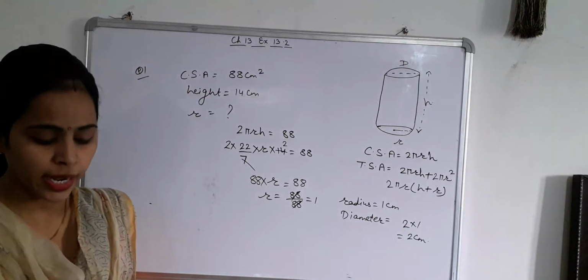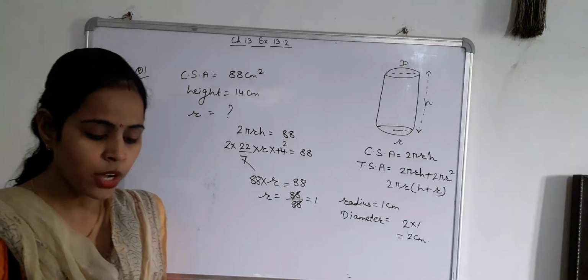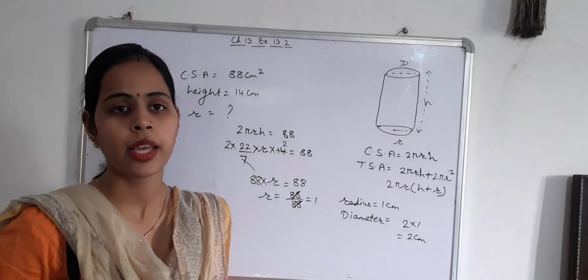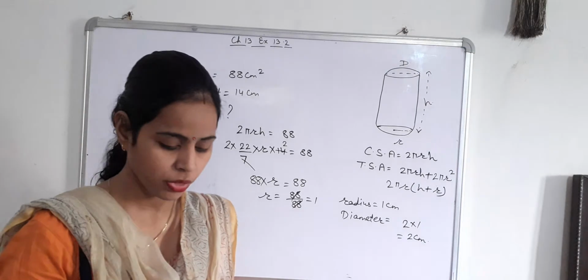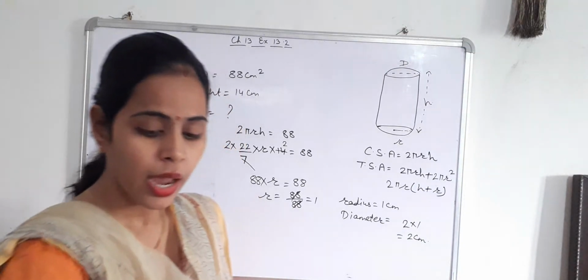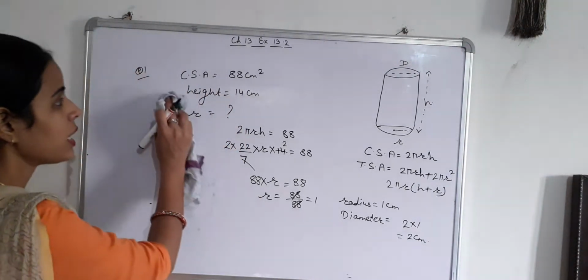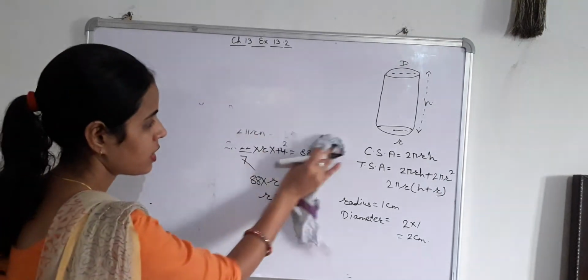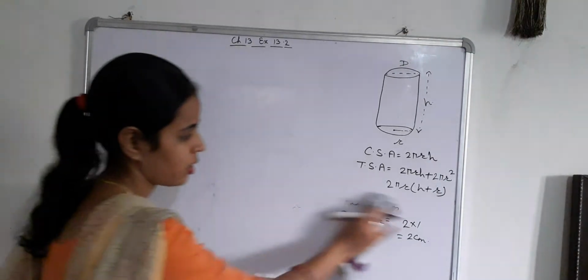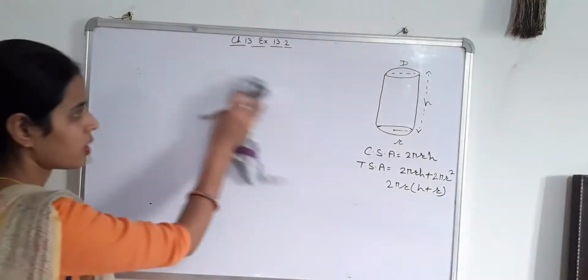Question number 2 is that it is required to make a closed cylindrical tank of height 1 meter and diameter 140 centimeter. May I erase question number 1 and go towards question number 2.